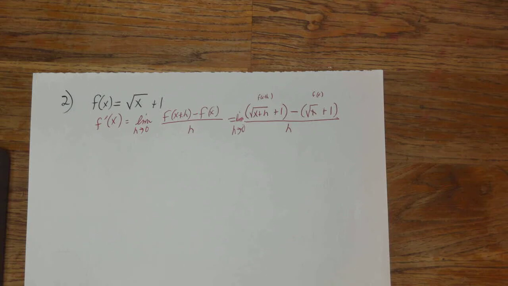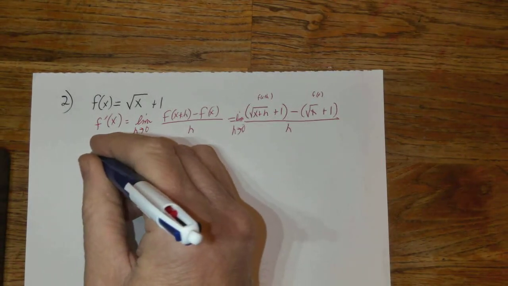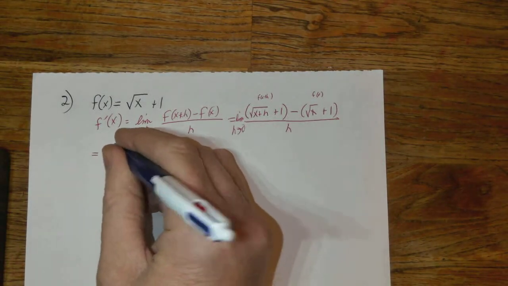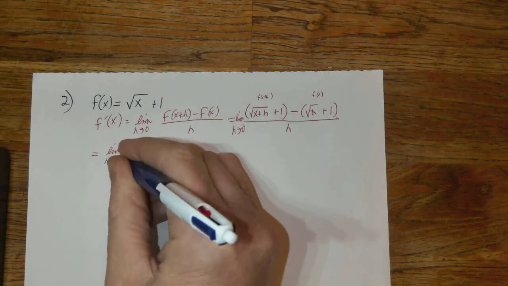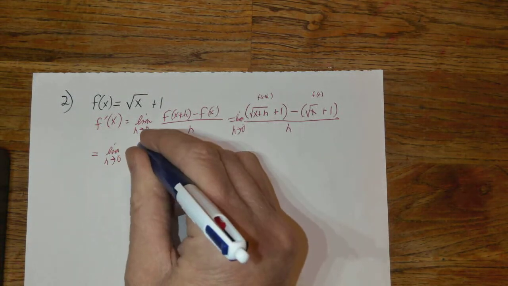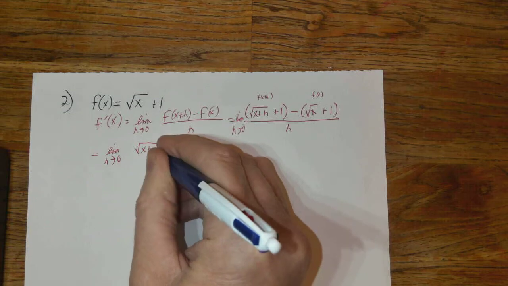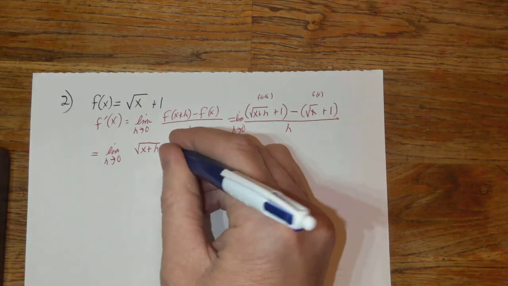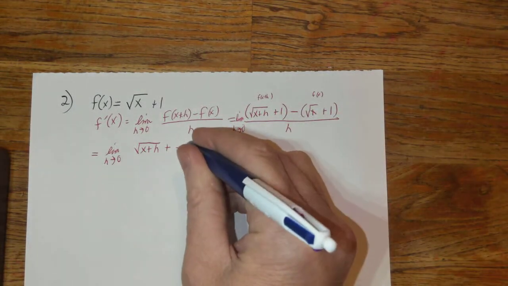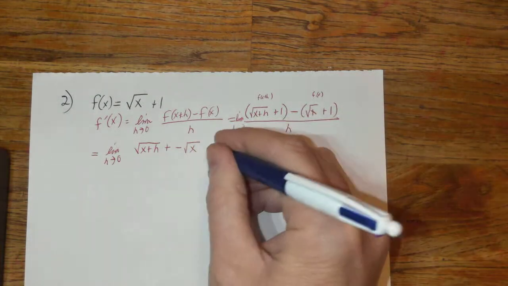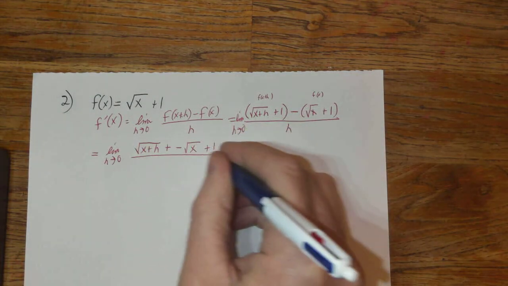Alright, let's get rid of parentheses and just see what it looks like here. So the limit as h approaches 0 of the square root of x plus h plus 1 minus the square root of x plus 1.